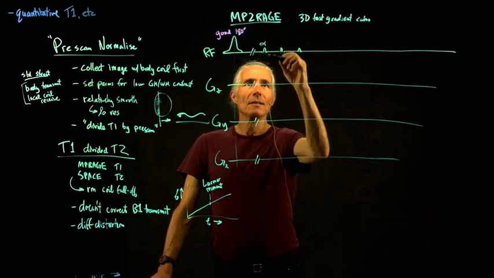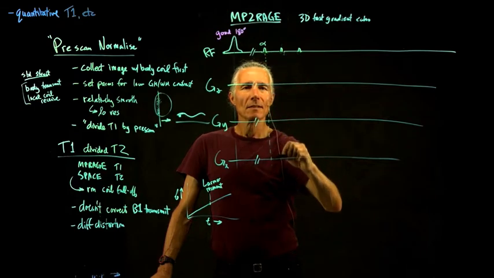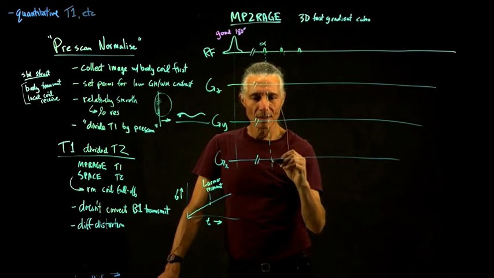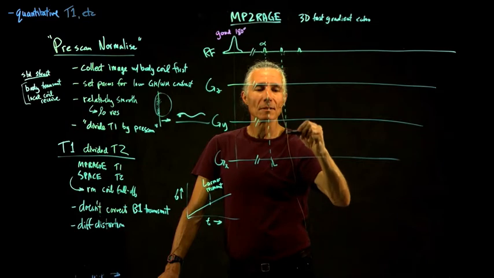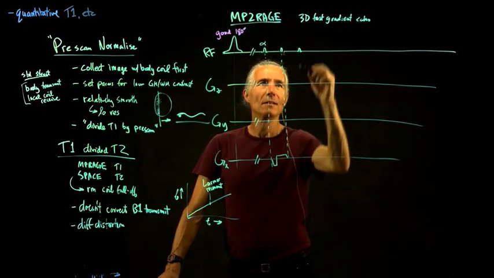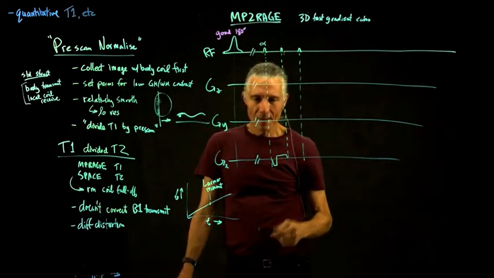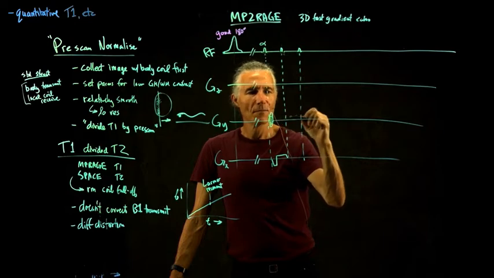So then what happens is we are going to do a standard readout. Everything's all jammed together. So here's our readout, like that. And then our phase encoding will be here. So here's all the different phase encoding steps.